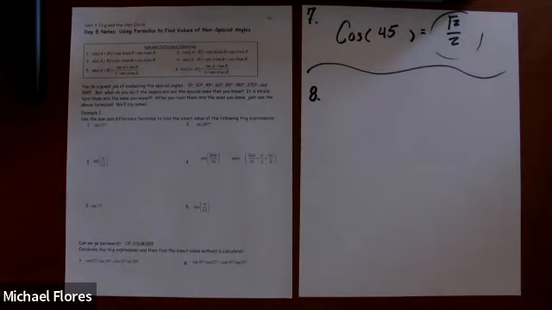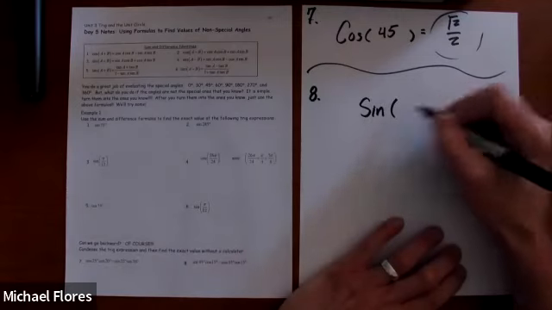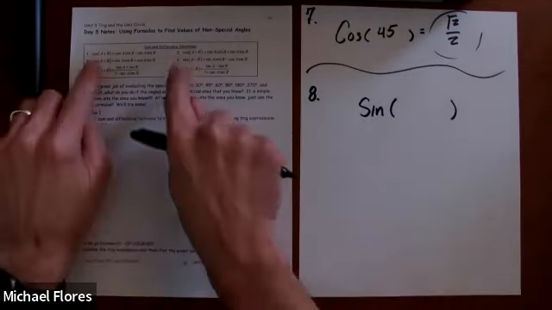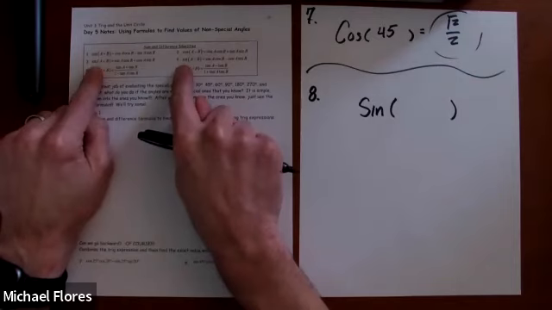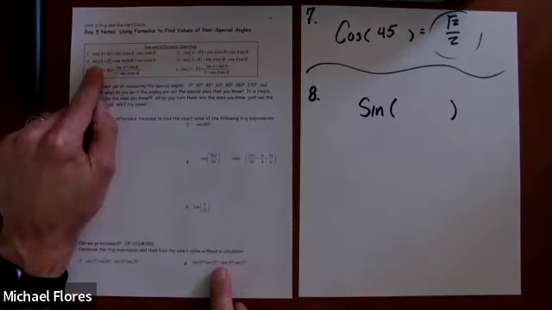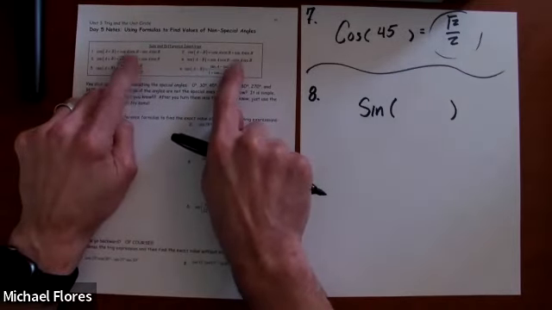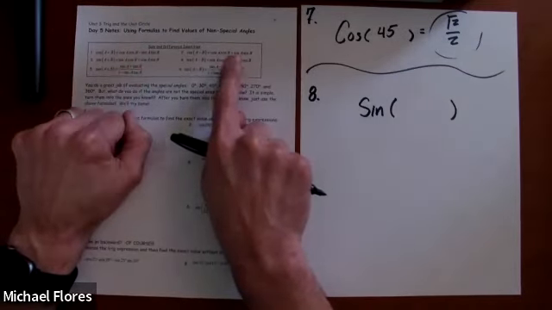Okay, I'll start working through this one. Example 8. This begins with the trig function sine. Sine parentheses. I'm now going to go up to my formulas and figure out which formulas begin with the word sine. That would be 3 and 4. I'm now going to go back to example 8 and take note of that symbol right there. It's subtraction. I'm going to go back to my formulas and see which one of those formulas also has subtraction right in the middle.